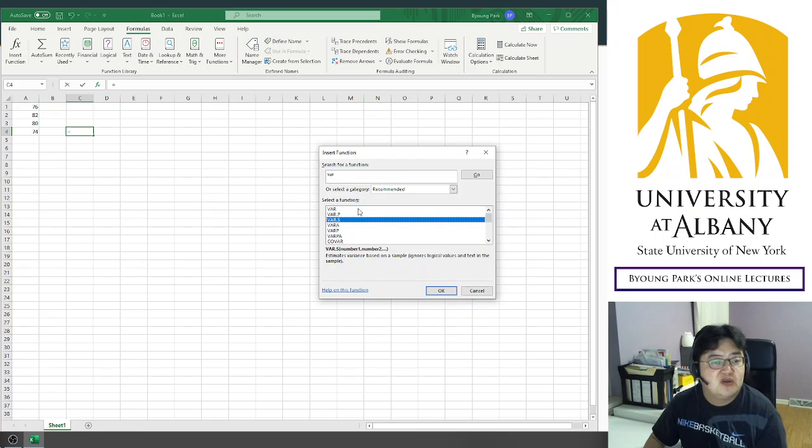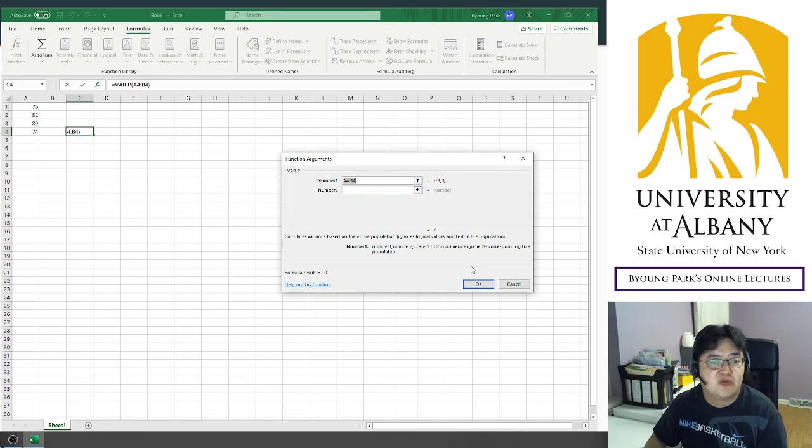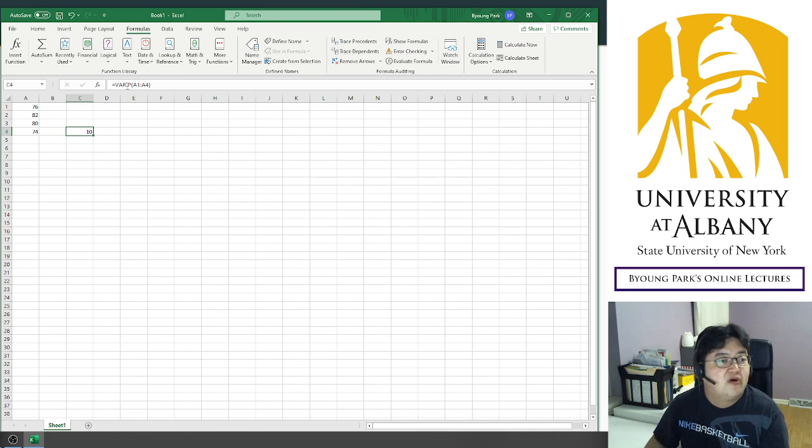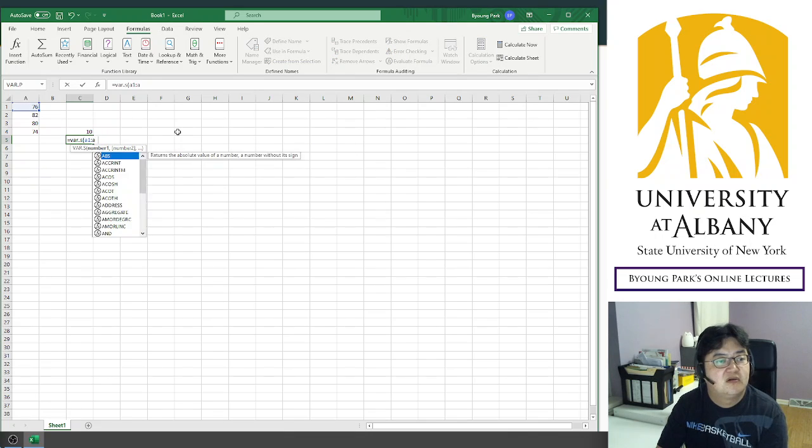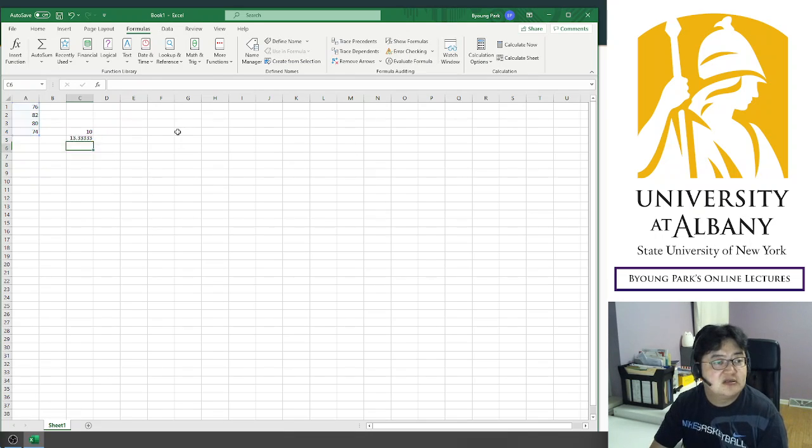So you have two formulas, and I'm going to use both of them. The population variance is 10, and I am going to use the sample formula. The sample formula has a different number. So they are different.